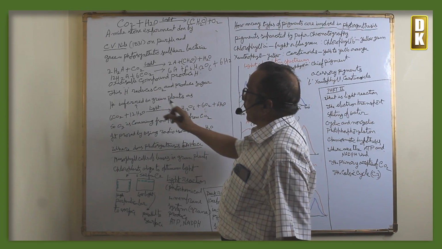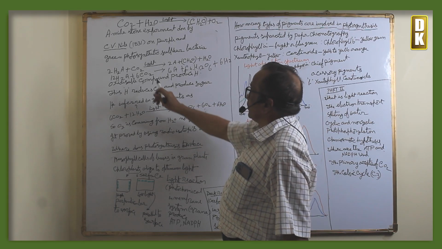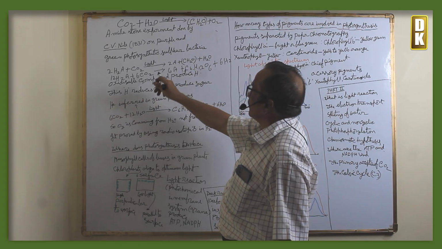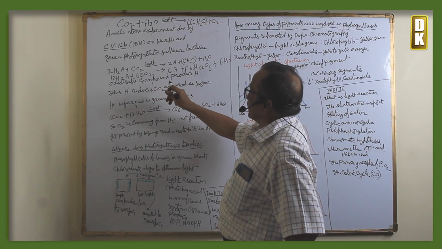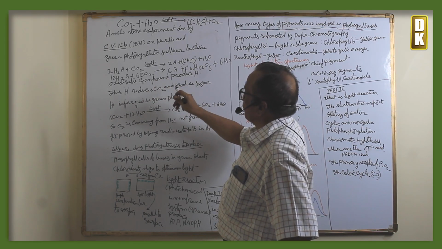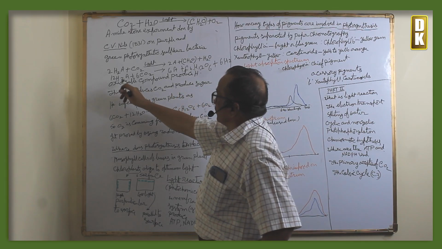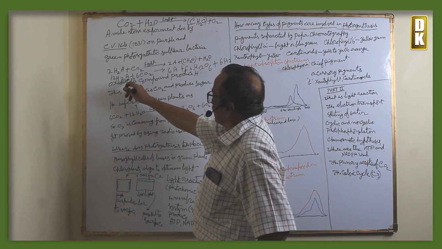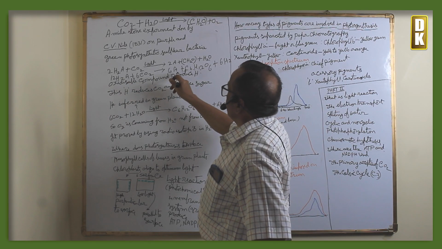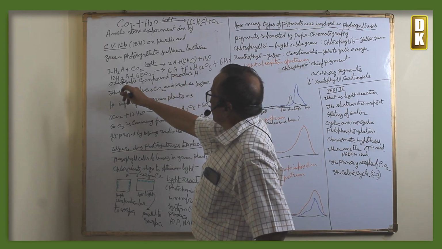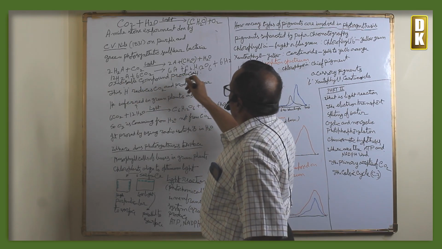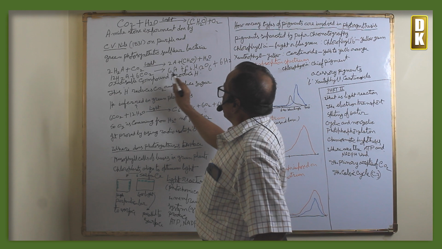How did he prove it? He did the experiment on photosynthetic bacteria, that is sulfur photosynthetic bacteria. Here, if the A is sulfur dioxide or something, the hydrogen will go here and sulfur will come out.